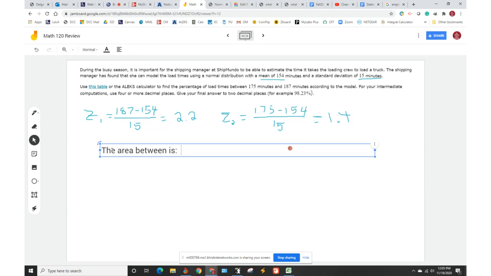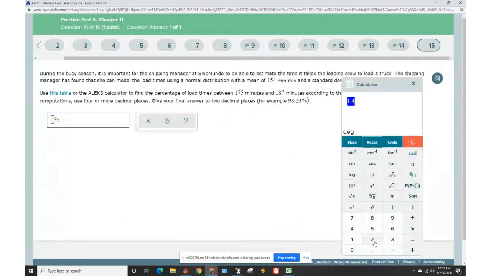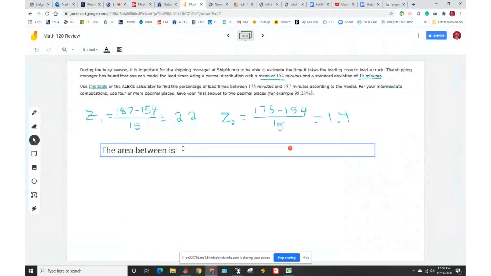All right, so I'm gonna look up this one first, 2.2. So it does put it in there for you. I'm not sure. So then 0.9, and that's going to be a bump up to a 1. So that said, you got to do it by hand. You got to round it.